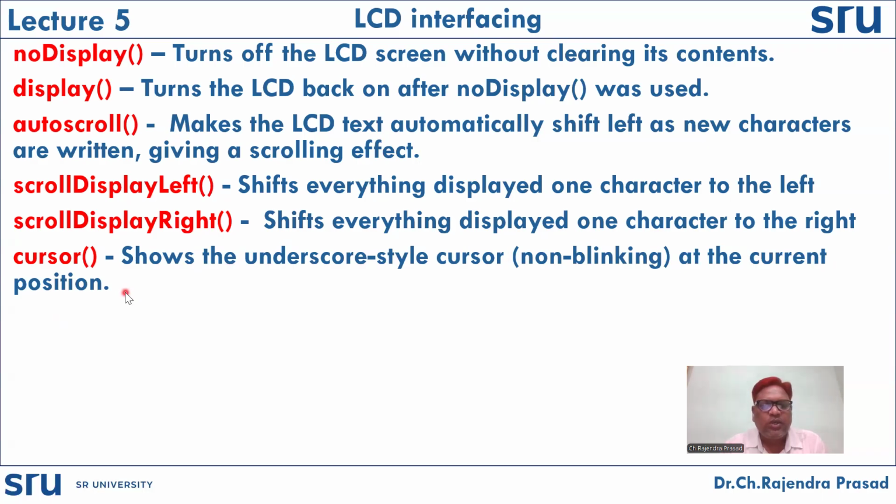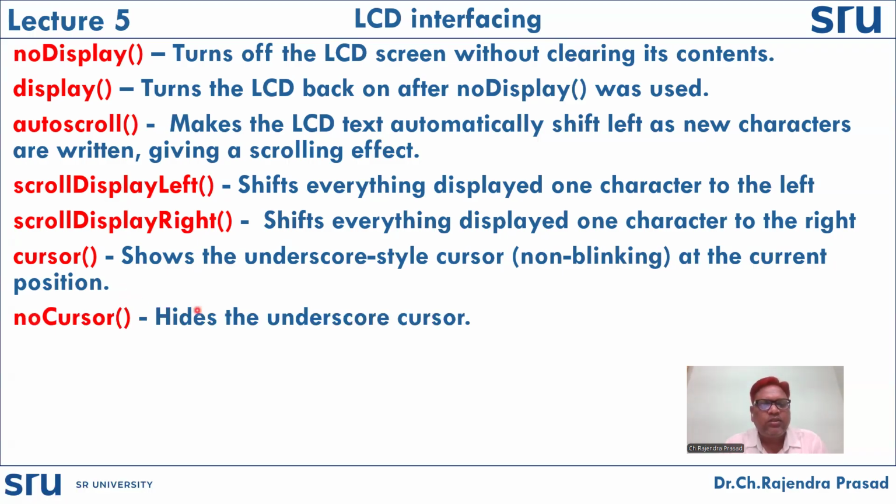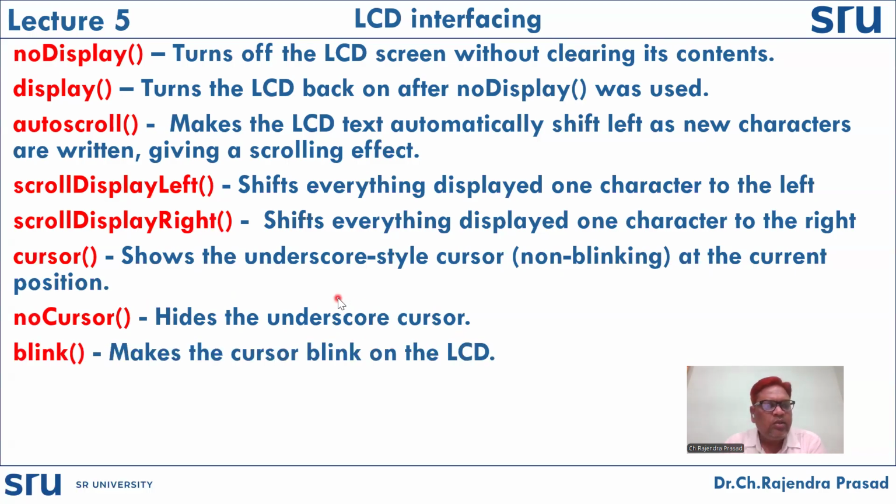Suppose you have selected position 0 and 0. At that position, it will give an underscore-like cursor, non-blinking. And similarly, noCursor. noCursor means the underscore is not visible. It hides the underscore cursor. And then blink. Blink makes the cursor on the LCD blink.